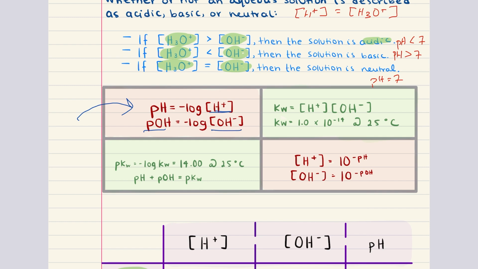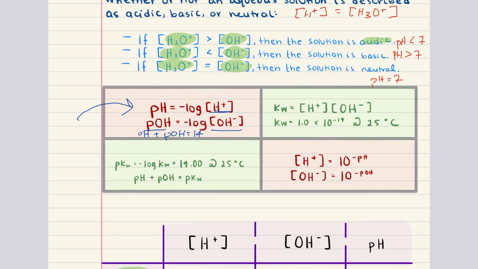Again, at 25 degrees Celsius, the sum of pH and pOH is equal to 14. This is a really important relationship because if you know the pH, you can easily figure out the pOH. It's just going to be 14 minus pH. And also, this means that you are able to convert back and forth easily between these scales.